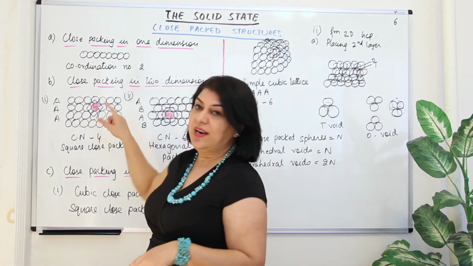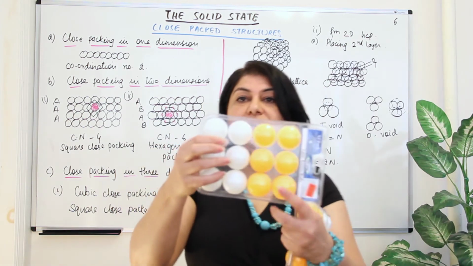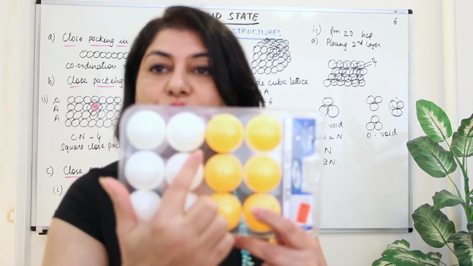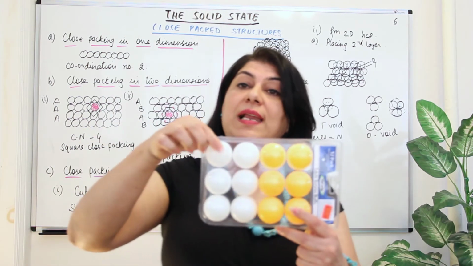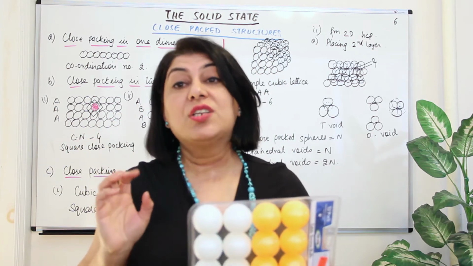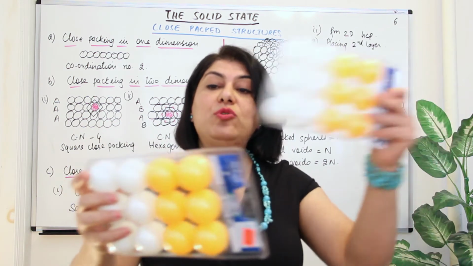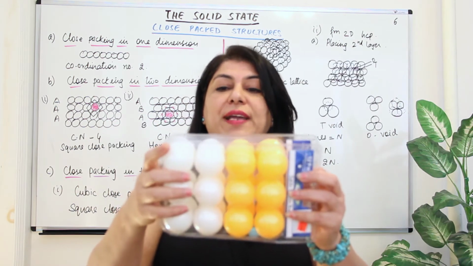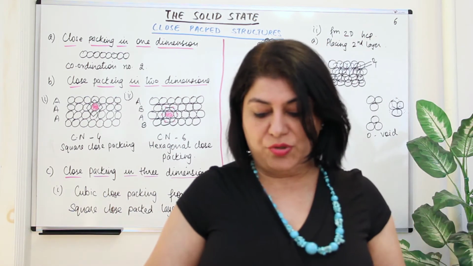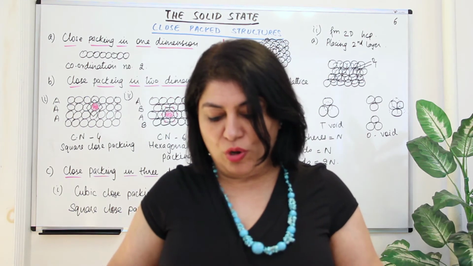In the case of square close packed structure, do you observe the empty spaces between the balls? These empty spaces are known as voids. The ball is the constituent particle and the empty spaces between the balls are known as voids. There's a vacancy or a void. So when you stack them one over the other, we find that in the case of square close packing or cubic close packing in 3 dimensions, a ball falls over a ball and a void falls over a void.